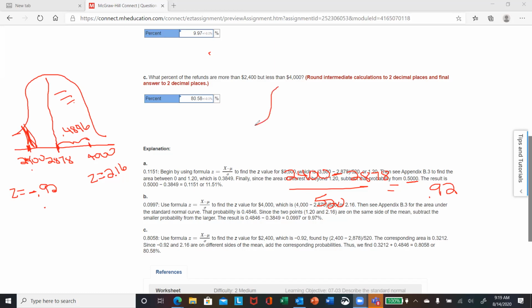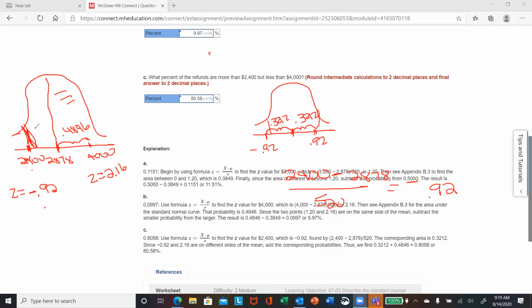So in other words, let me just draw the symmetry here. If I looked up a positive 0.92 versus a negative 0.92, your table would give you from 0 to positive 0.92, which is the same as 0 to a negative 0.92. And if I look that up, it's 0.3212, and therefore that would be the same for each side.